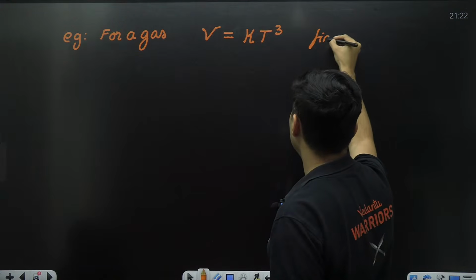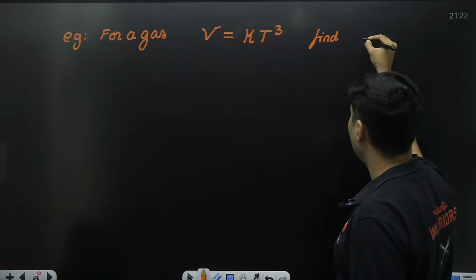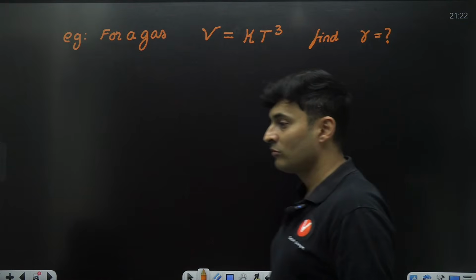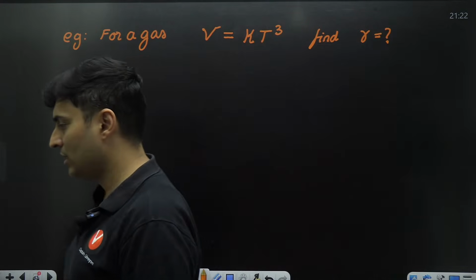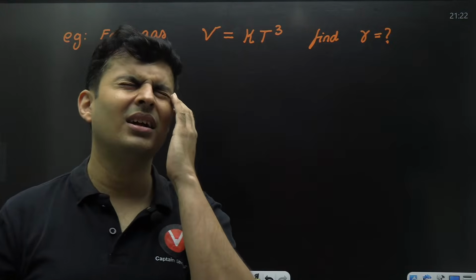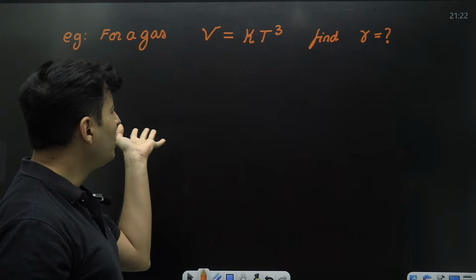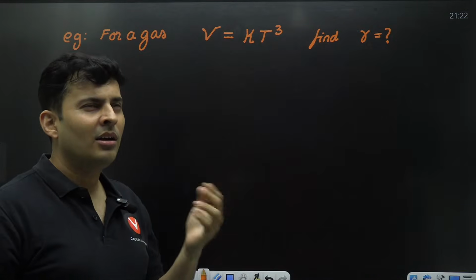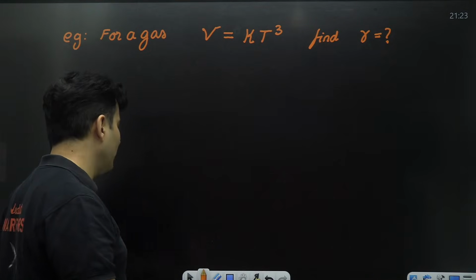Can you find gamma, the coefficient of volume expansion, for that? People started scratching their heads. What the heck is this question? Volume of a gas is some constant into T cube. Find gamma? How do we do it?